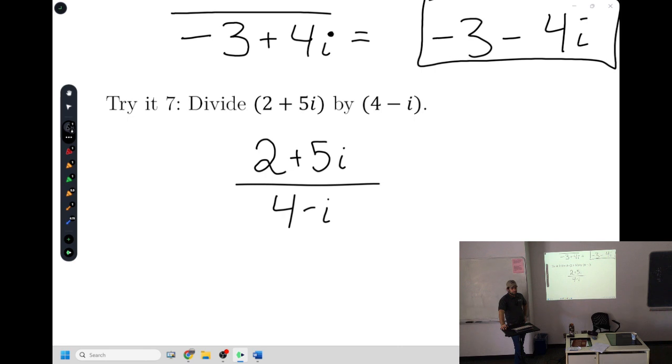Okay? We're dividing 2 plus 5i by 4 minus i. You know how to do that? No, okay, not without the conjugate. I'm saying, mathematically speaking, before today, which we haven't even learned, you know how to do that? No, nobody knows how to do that.